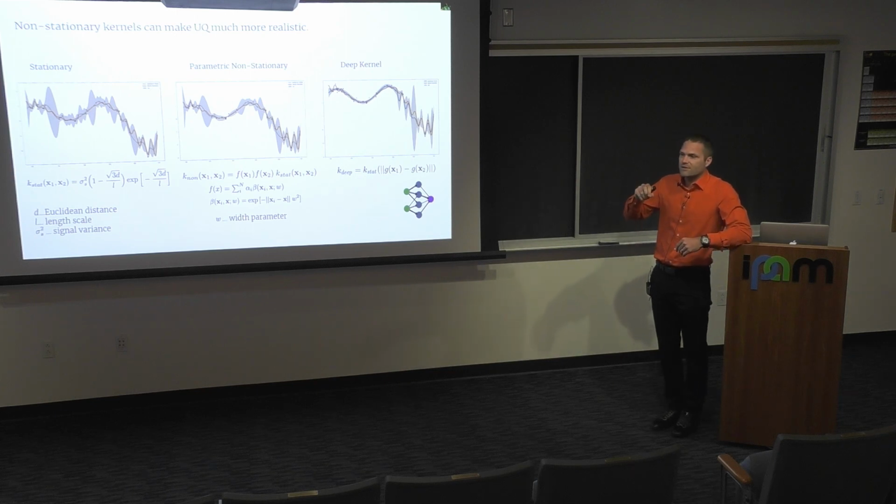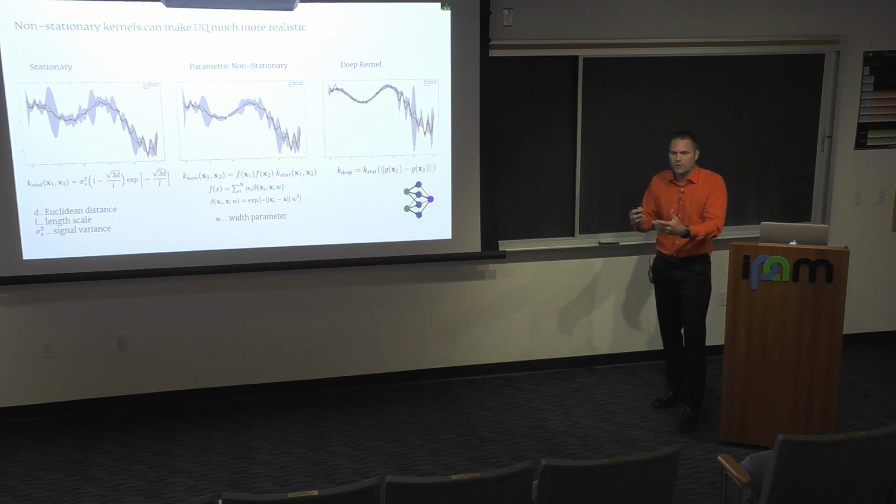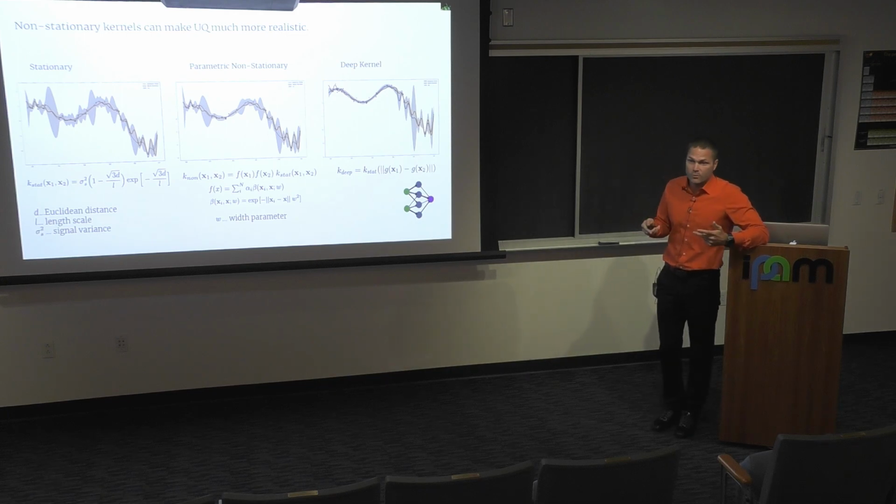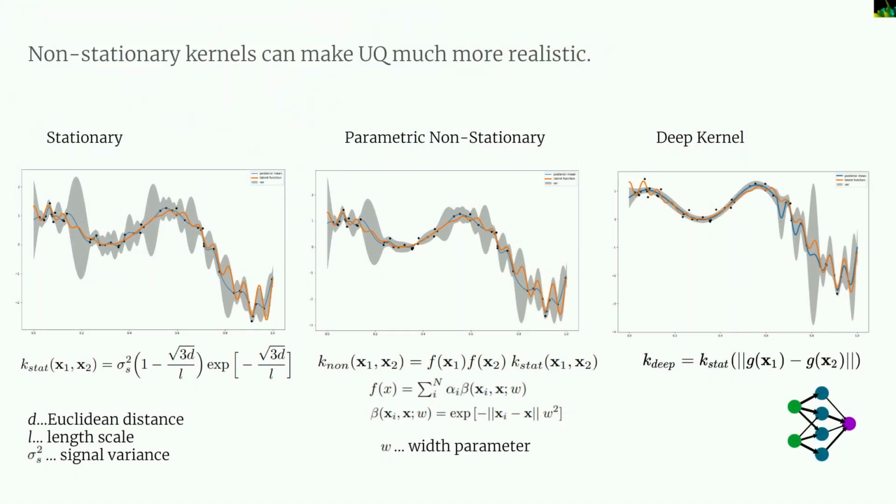The negative thing is that suddenly it is not interpretable anymore, because it's kind of hard to wrap your head around what it exactly does. But overall, I wanted to mention the deep kernel here because I believe they have a great future and will play a great role moving forward in the Gaussian process world.